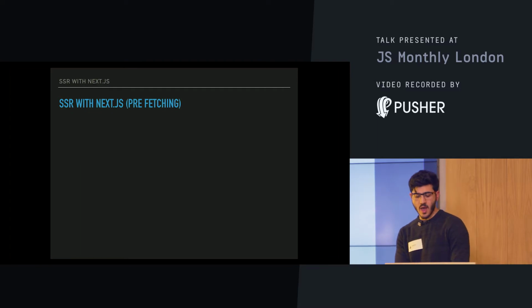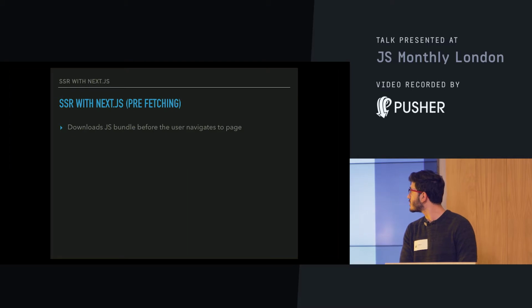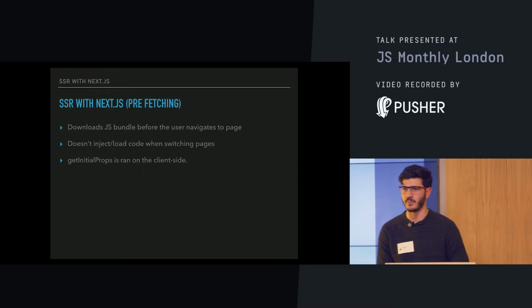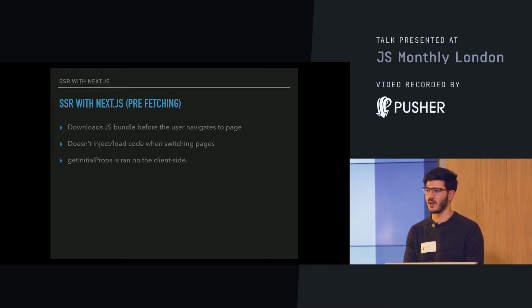Cool. Prefetching, another great feature. It downloads the JavaScript bundle before the user actually even navigates to that page. You add that attribute into your link element that I showed you guys earlier. And what this does is that it doesn't need to inject the code before you load when switching page, which means getInitialProps, which is a method I'll show you guys in a little bit, gets run on the client side and not the server side.